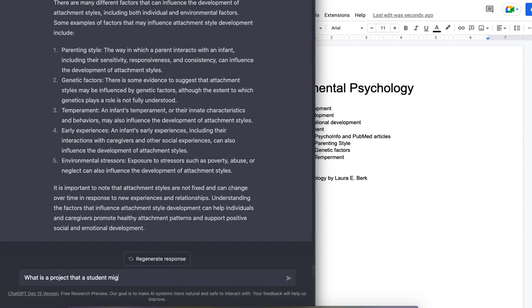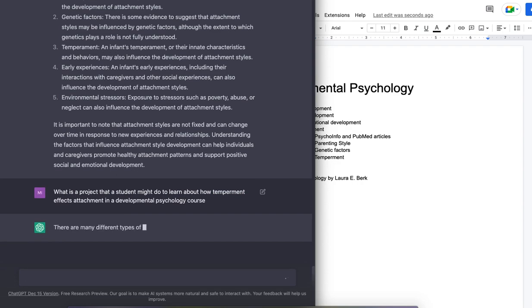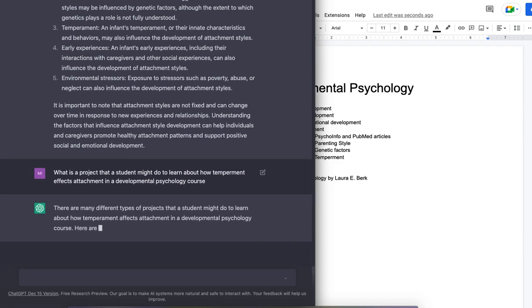So you could list out all this stuff, and then ask, what is a project that a student might do to learn about how temperament affects attachment in a developmental psychology course? There are many types of projects that students might do.